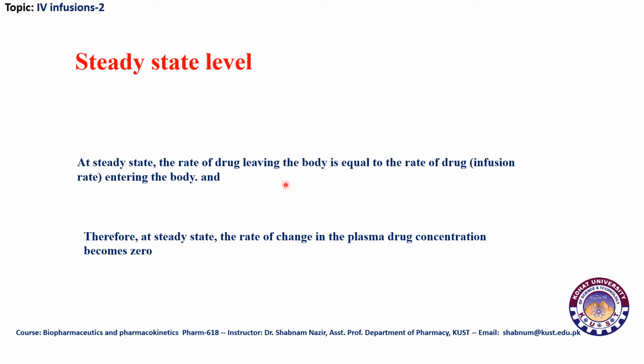So there is a fluctuation in case of oral administration, while that fluctuation is not visible in the case of intravenous infusion, which is another good thing about it: the steady state level achieved by intravenous infusion would be totally stable and the same throughout.